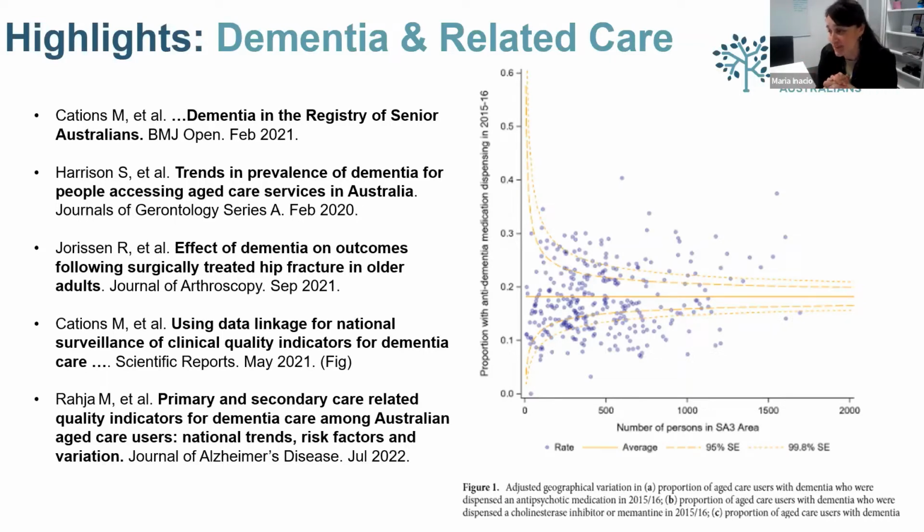So you can see there's quite a bit of national variation. This is at the statistical area 3 level, so there are a little over 300 of them nationally. And there are substantial differences in the use of this medication in Australia for people with dementia.